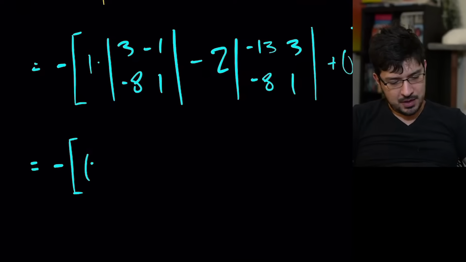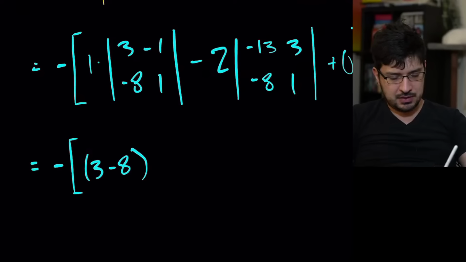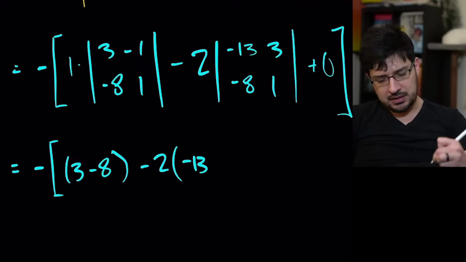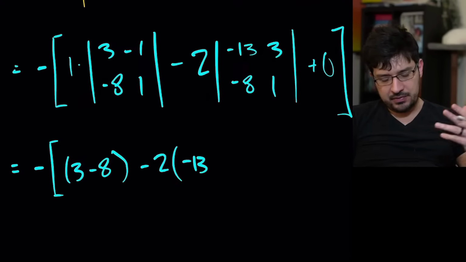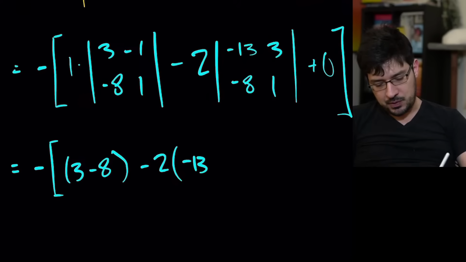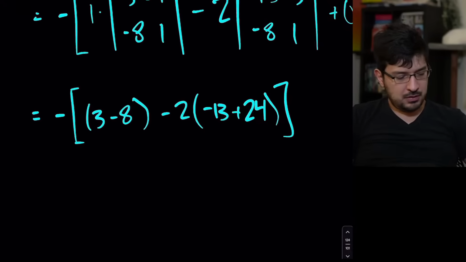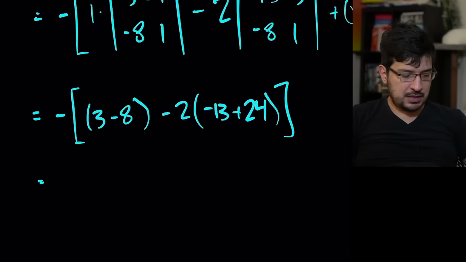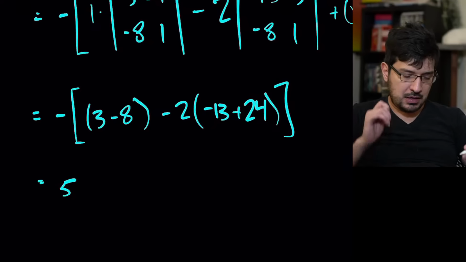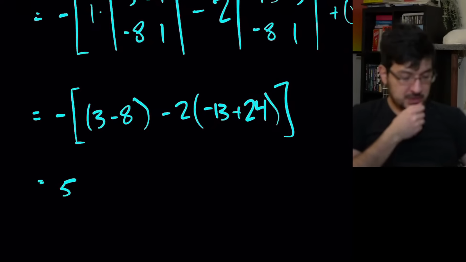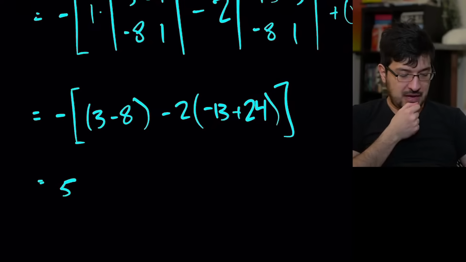So, low-key, thank you, man. 3 minus 8, negative 13, minus negative 24. So, this is 5. I'm doing too much all at once. 3 minus 8 is negative 5.